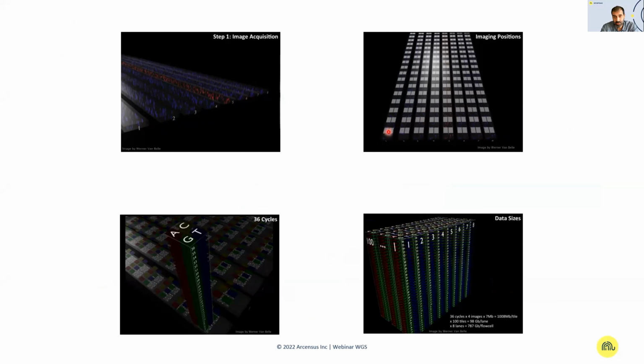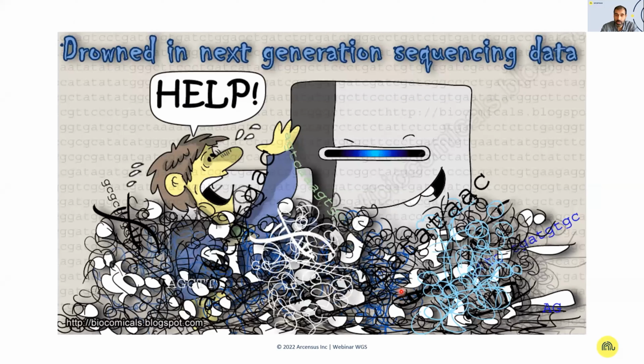The camera scans through the whole flow cell to take pictures, and at the very end, the final result looks something like this. There is a stack of pictures put on top of each other, representing the different cycles. Once this procedure is done, we end up with a massive amount of data in which we need to find and identify potentially a single variant that explains the symptoms of the disease.